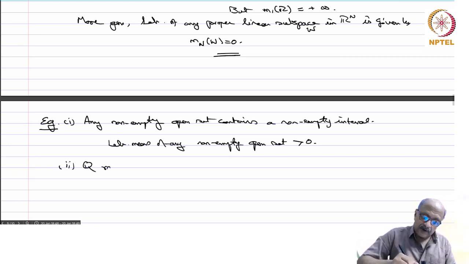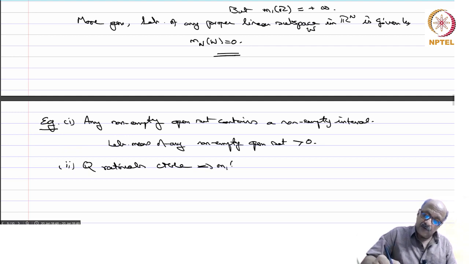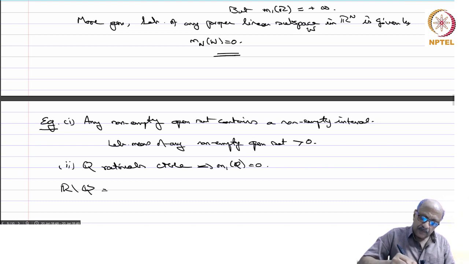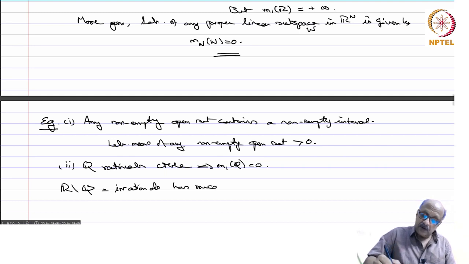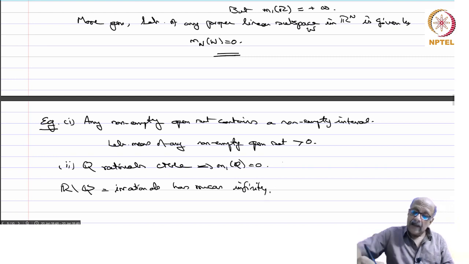Q, rationals, countable implies measure of Q equal to 0. So Q complement, so R minus Q equals irrationals has measure infinity, and both are dense sets.